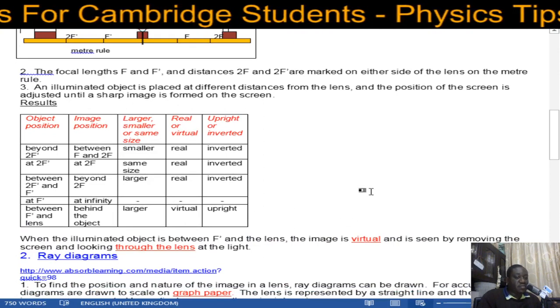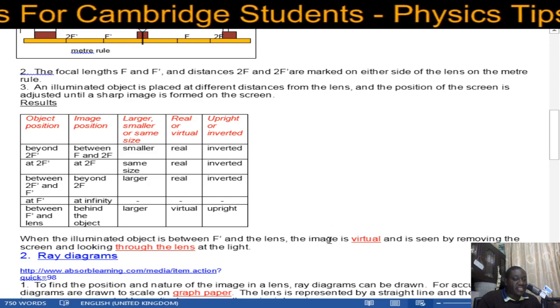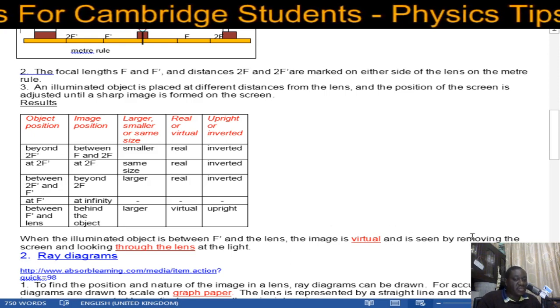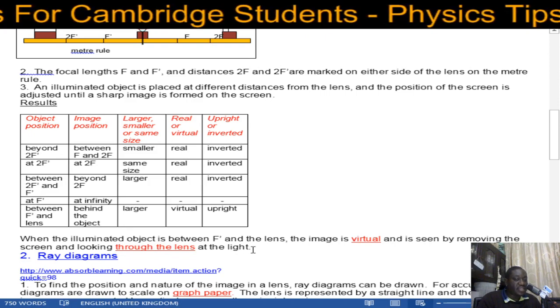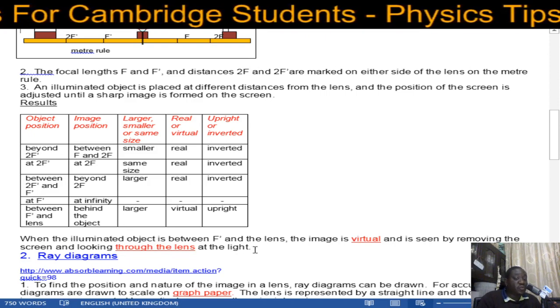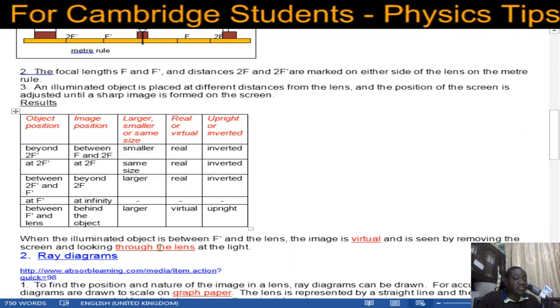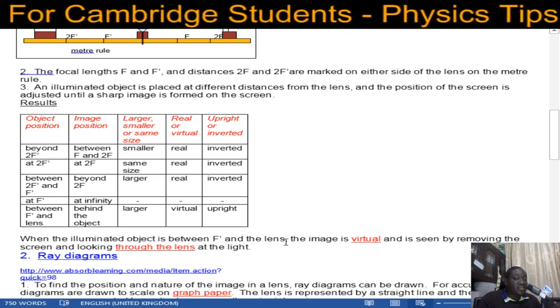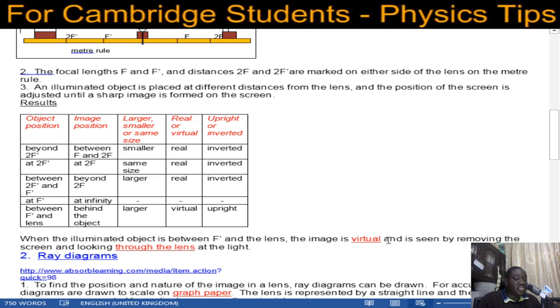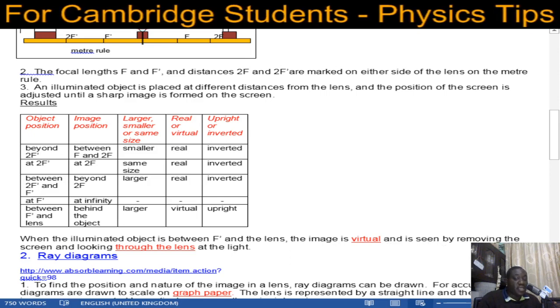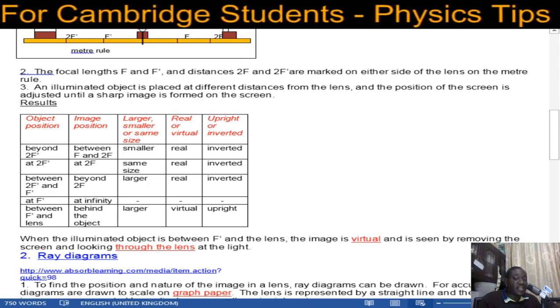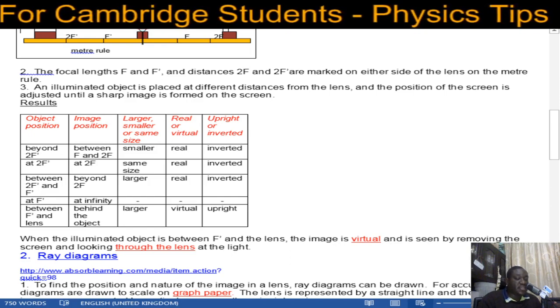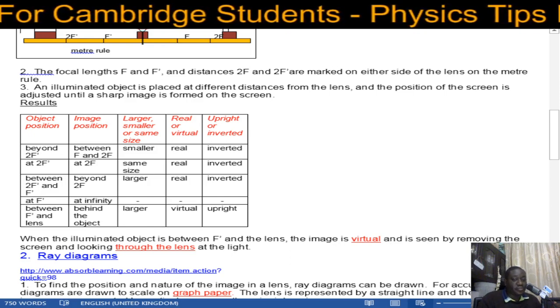When the illuminated object is between f and the lens, the image is virtual and is seen by removing the screen and looking through the lens at the light. So this is the application of the lens where you are using it as a magnifying glass. The image will be on the same side as the object, and it is upright and it is virtual.